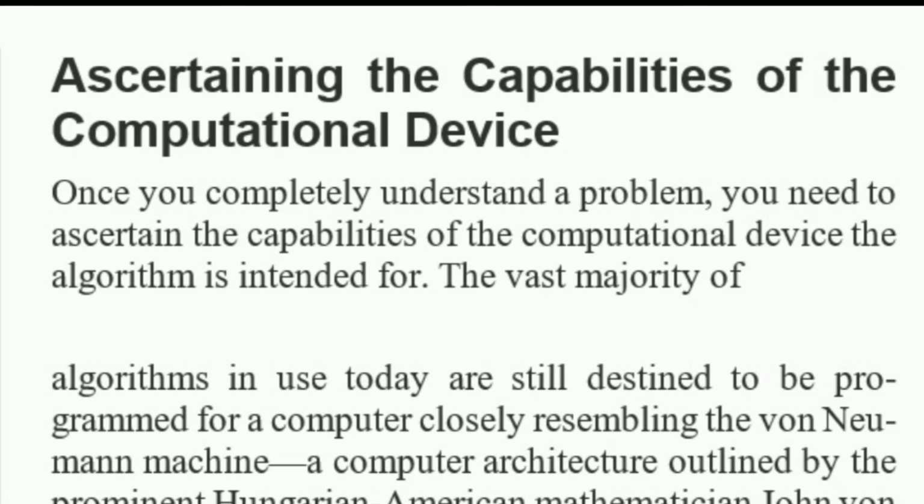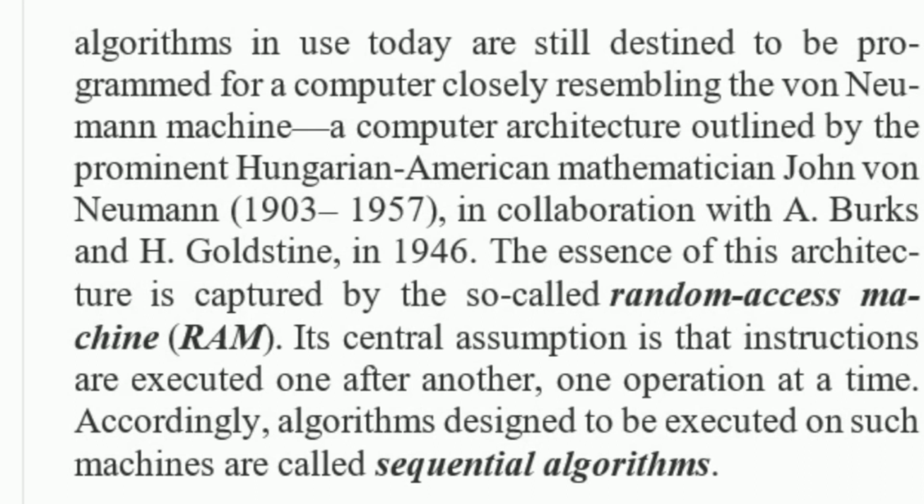scenario. Algorithms in use today are still programmed for a computer closely resembling the von Neumann machine, a computer architecture outlined by the prominent Hungarian-American mathematician John von Neumann in collaboration with A. Burks and H. Goldstein in 1946.